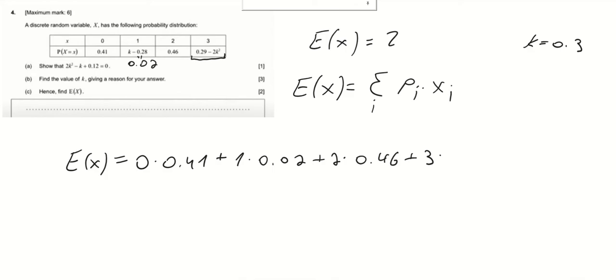So this term, I'm using the calculator to calculate it, and it equals 0.11. And now I'm going to use the calculator to do all the algebra, and I get that the expected value is 1.27. This is C.